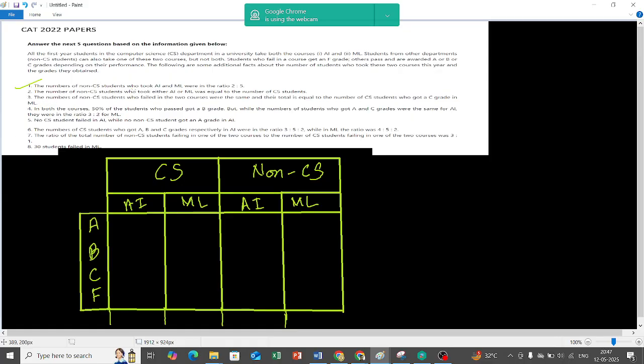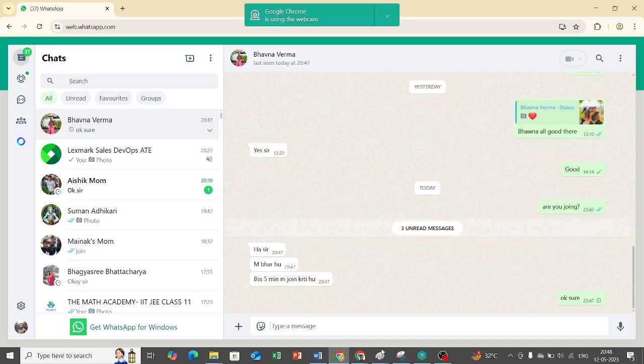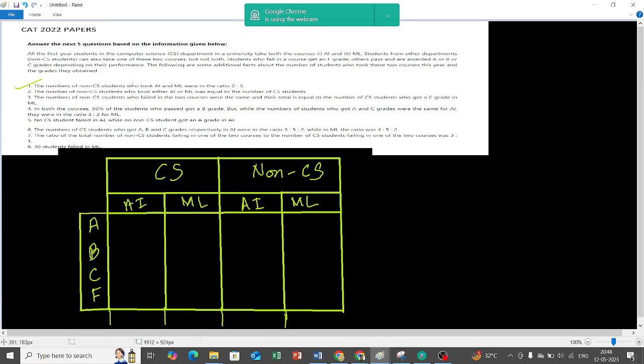The number of non-CS students who took AI and ML are in the ratio 2:5. So non-CS AI is this, ML is this, so that means 2x and 5x. Since they are in ratio, I am taking 2x and 5x.